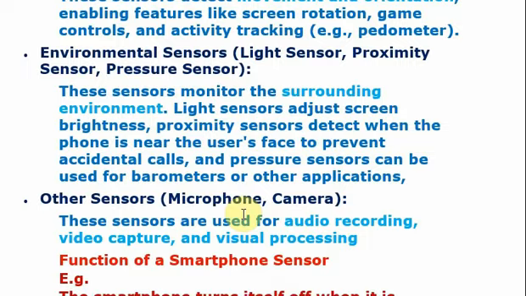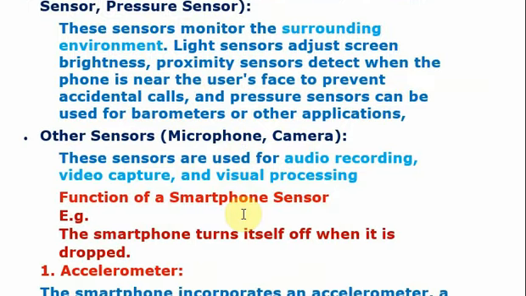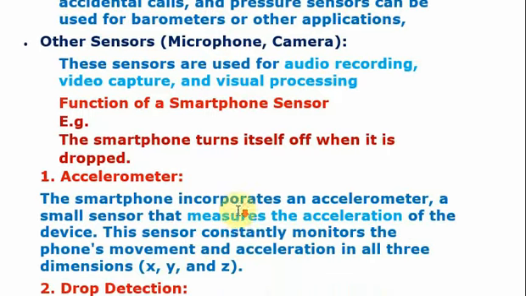Function of a smartphone sensor, for example: let's say the smartphone turns itself off when it is dropped, right? Once you drop the phone, it will switch off, to stop further damage. So here the accelerometer will be used.